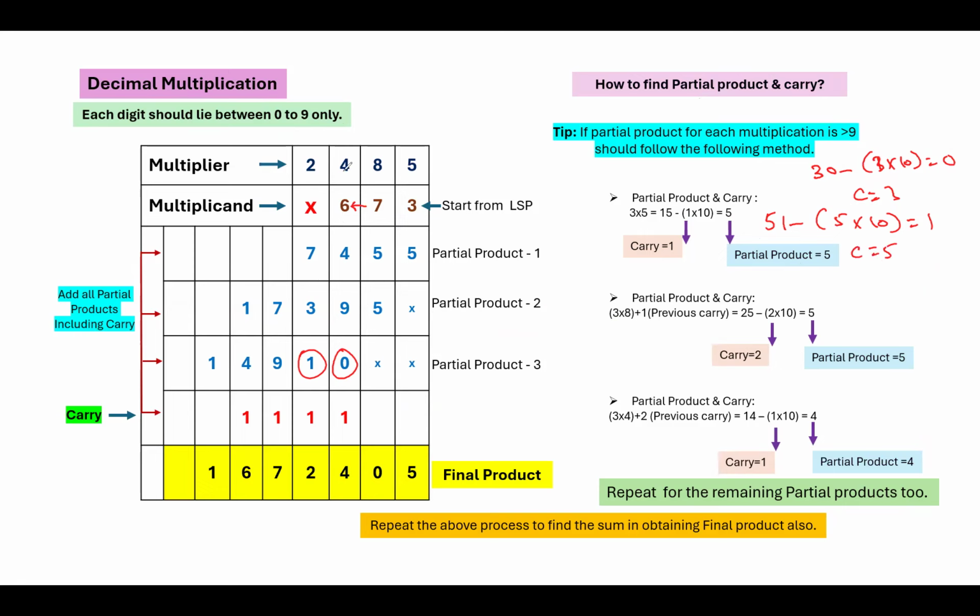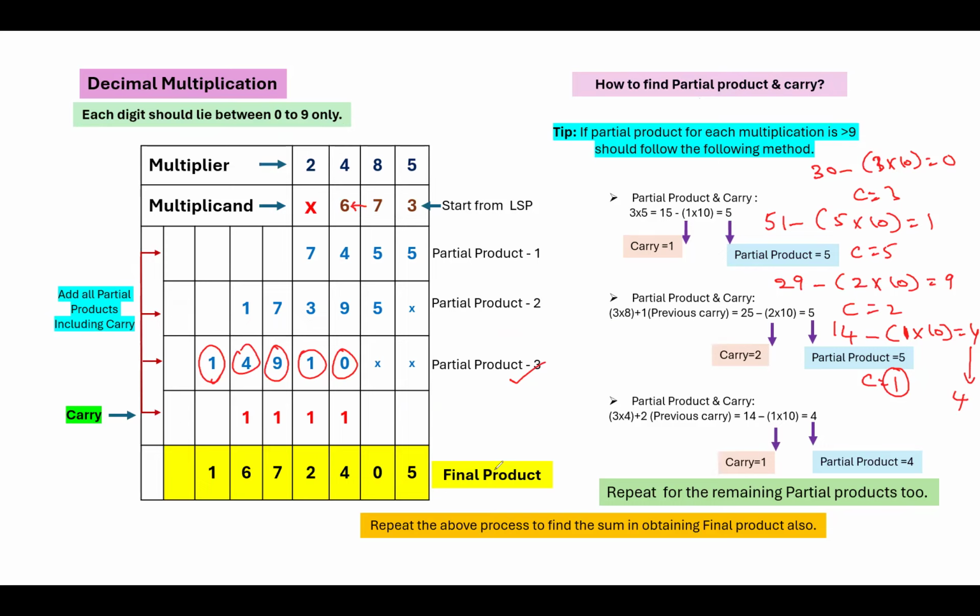Now 6 into 4, 24 plus 5, 29. Minus 2 into 10 is equal to 9. Carry equal to 2. Therefore 9 at this place. 6 into 2, 12 plus previous carry 2, 14. 14 minus 1 into 10 is equal to 4. Therefore carry equal to 1. This is a 4, so write 4 at this place, and write the final carry at this place.